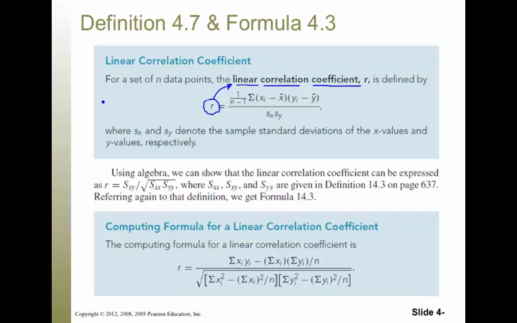It's a number between -1 and 1, and it's an indicator of how strongly correlated our two variables are.